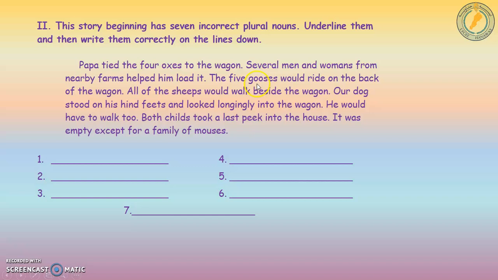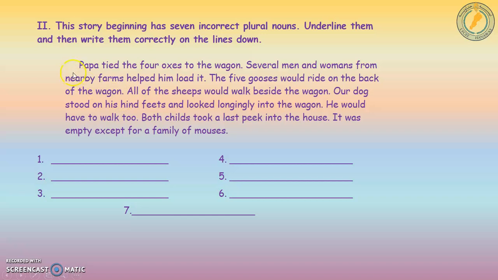The five gooses would ride on the back of the wagon. All of the sheep would walk beside the wagon. Our dog stood on his hind feet and looked longingly into the wagon. He would have to walk too. Both childs took a last peek into the house. It was empty except for a family of mouses.